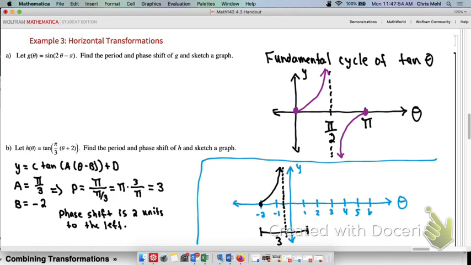And then the cycle ends at +1, so h of 1 is going to be 0, and we're going to go down and to the left, approaching our vertical asymptote. So there's one cycle of the graph of h of theta.